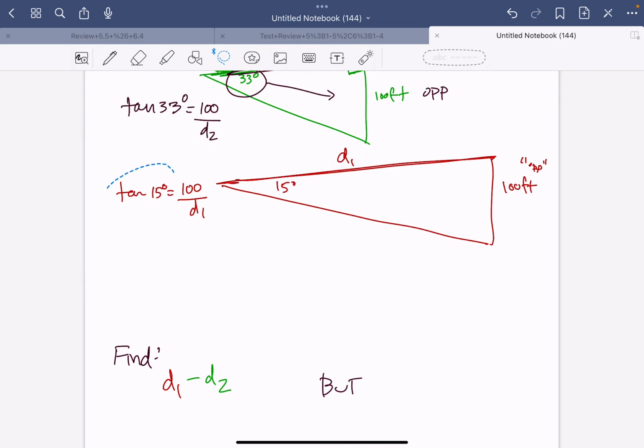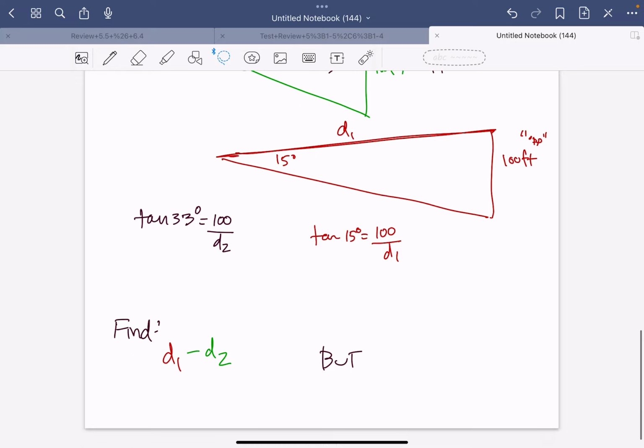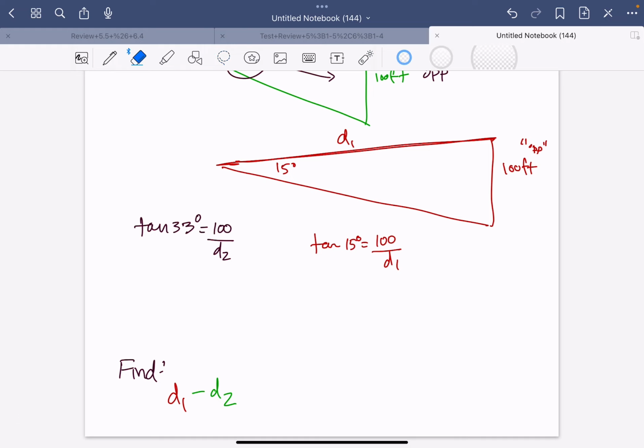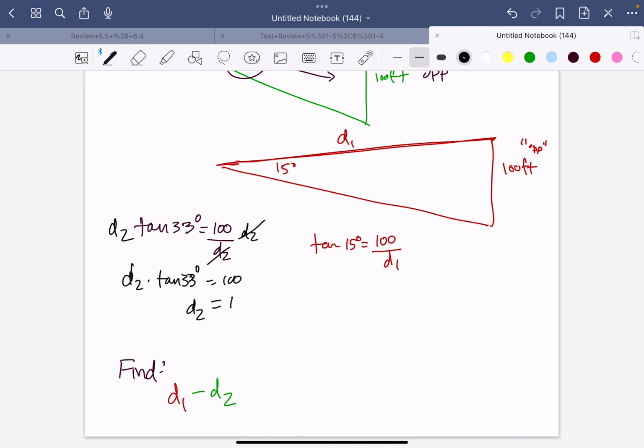So now we have two things to solve. Let's bring those over here and solve those two, shall we? First, I multiply both sides by D sub 2. They cancel out, and I get that 100 is equal to D sub 2 times the tangent of 33 degrees. Dividing, I get D sub 2 is 100 divided by the tangent of 33.